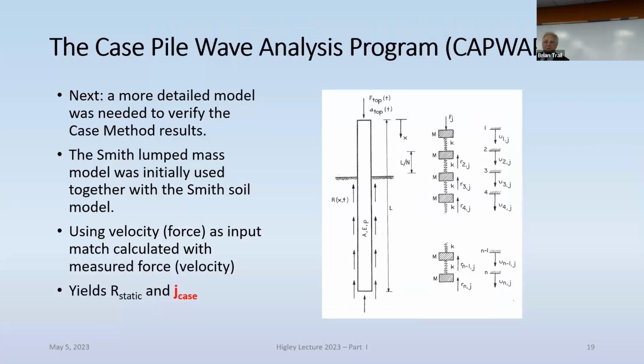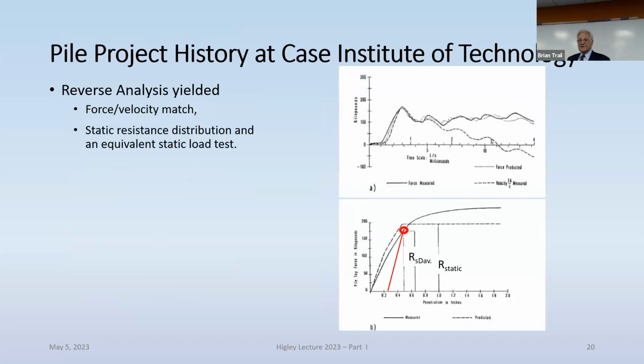Of course, I had to make it more complicated yet. The case method itself, it wasn't enough. I had to do a model of the whole pile, get the shaft resistance directly calculated using the Smith lump mass model that is used in the standard wave equation analyses. I was able then to calculate a static resistance after matching the force given the velocity as an input, and you see in the upper right-hand plot the force match, and you also see the proportional velocity graph with it.